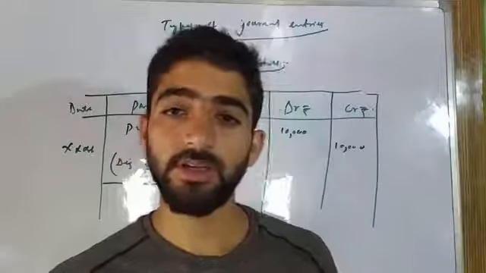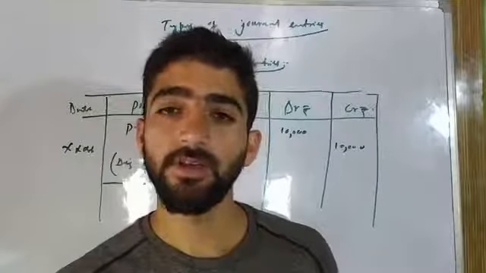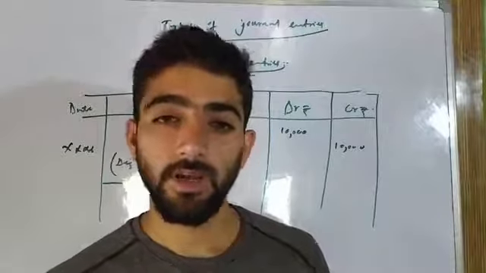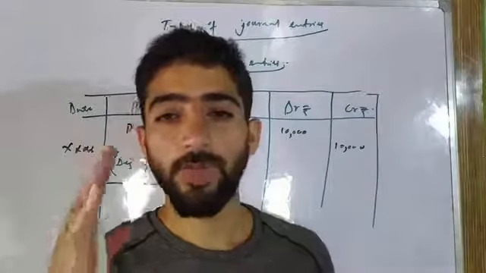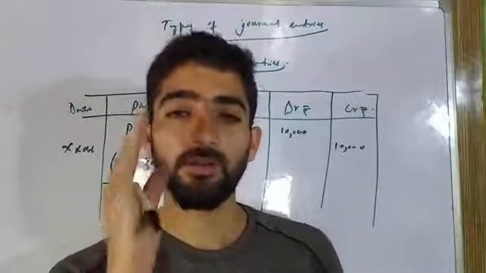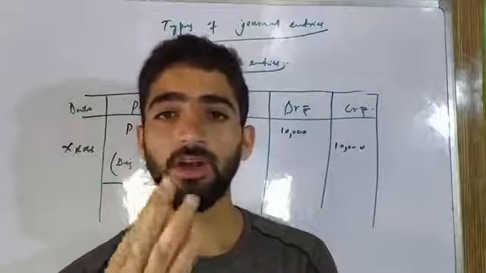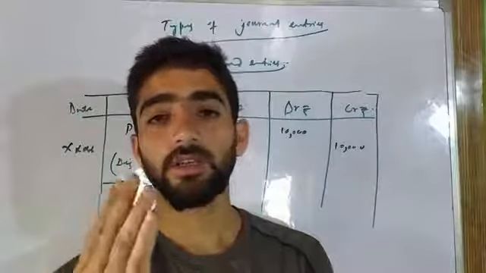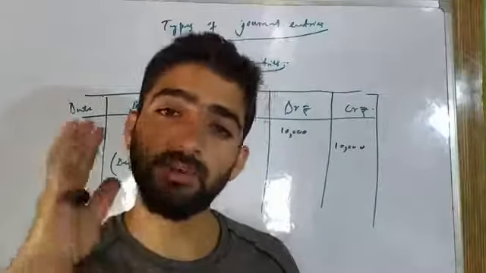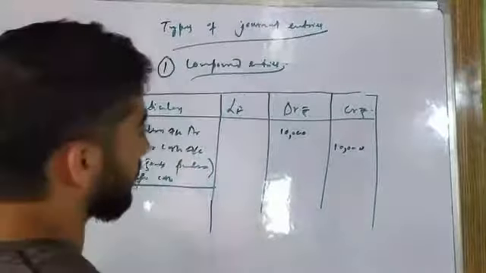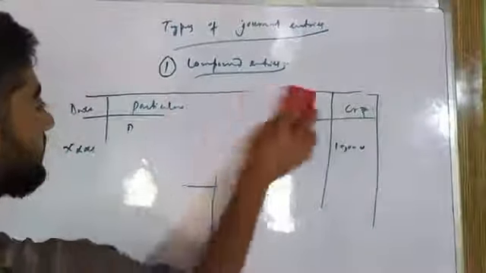Compound entries usually occur whenever 2, 3, 4, 5, 6 or so many transactions take place at the same time and have the same nature. For example, let us take an example here.